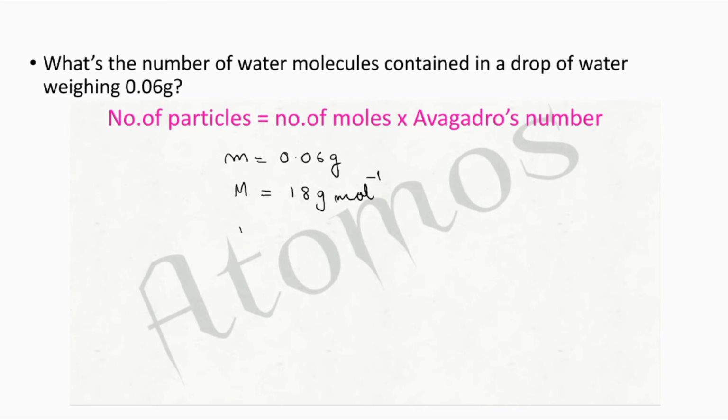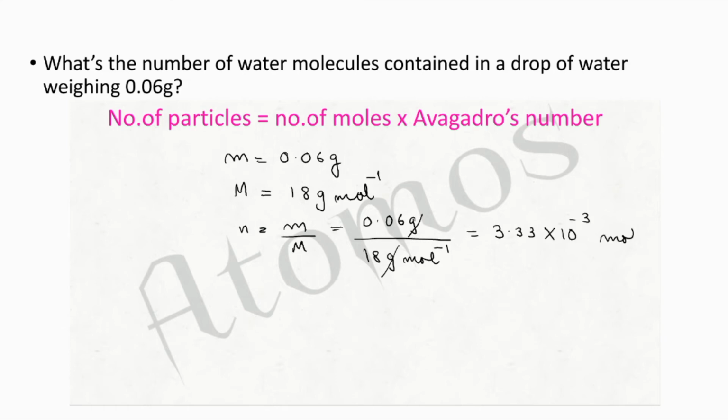Yes. Number of moles is equal to given mass divided by molar mass. So that will be equal to 0.06 gram divided by 18 gram per mole. Correct? So gram will be cancelling. If you are calculating this, you will be getting 3.33 into 10 raised to minus 3 mole.